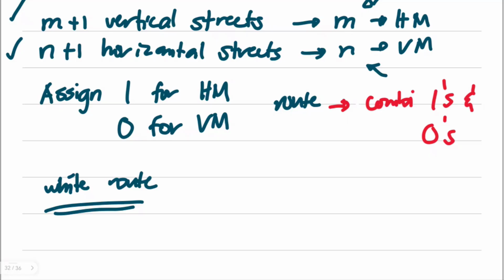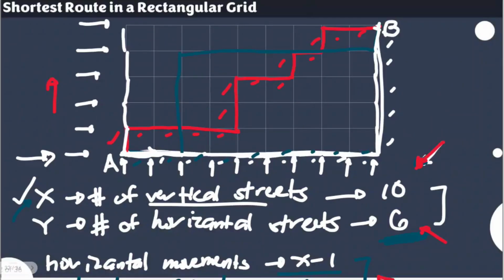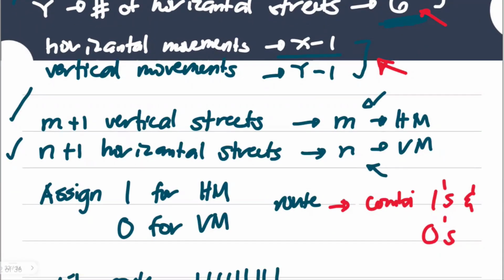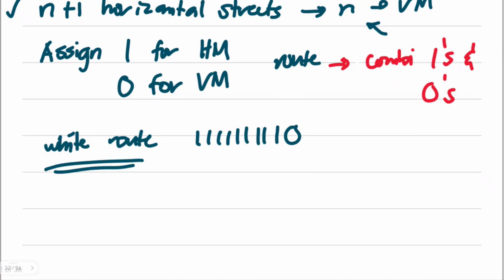So probably you will have here a combination of 1, 1, 1, 1, 5, 6, 7, 8, 9. That's 9 horizontal movement. And then as you move up, you have 1, 2, 3, 4, 5, 5 vertical movements. This is the route taken by the white route earlier when we have the representation for each movement.